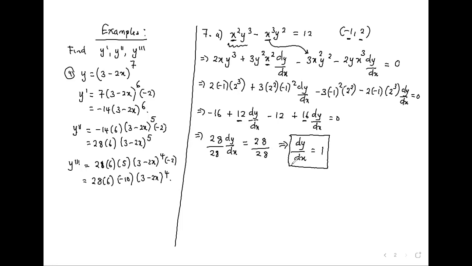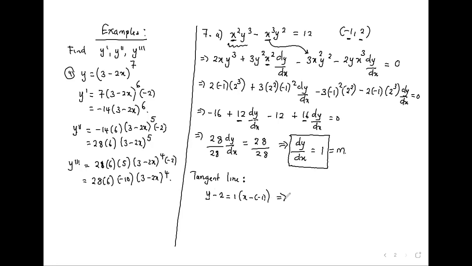So this is the case, and we are calling this our m, the gradient. If this is our m, then we can find the tangent line. So say the tangent line is then the line y minus 2 is equal to 1 times x minus -1.